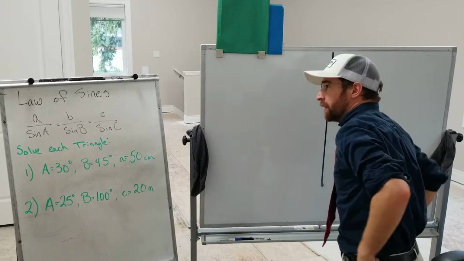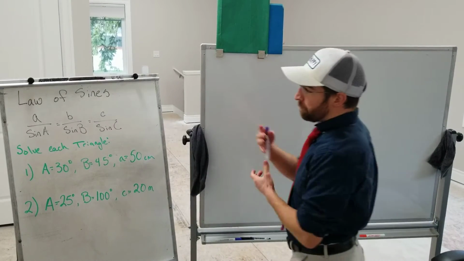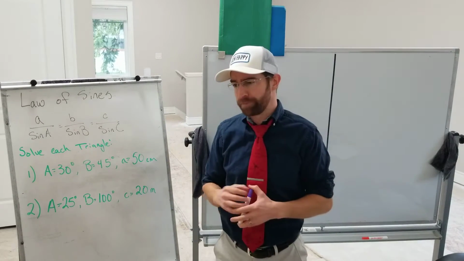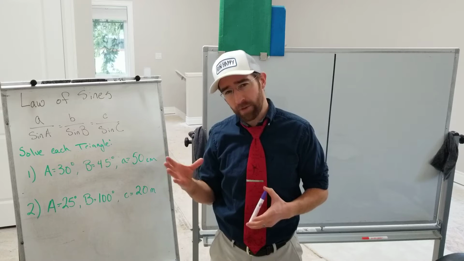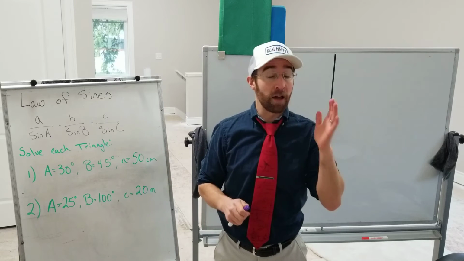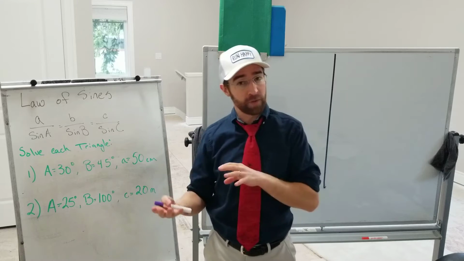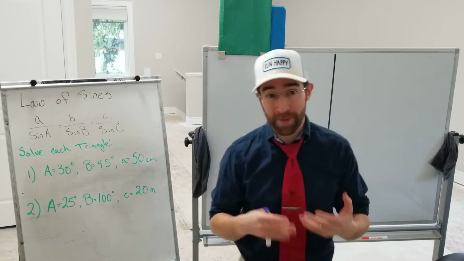So the Law of Sines basically tells us the relationship in a triangle between the size of an angle and the side opposite that angle, and the relationship between the three angles and their three opposite sides.